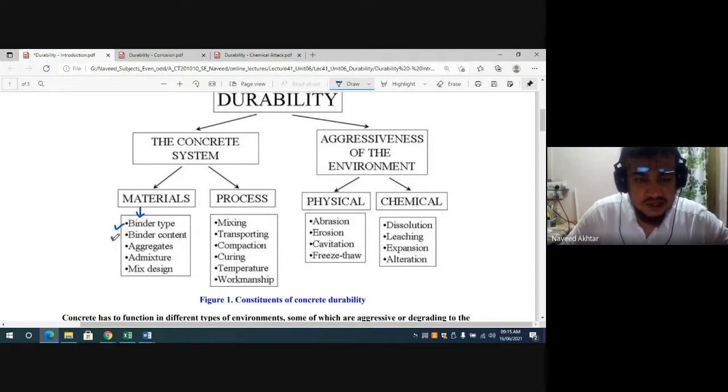The binder means the paste in the concrete, that is cement, or sometimes cementitious material other than cement, replacing the cement partially or fully with fly ash, slag or GGBFS, silica fume, rice husk ash, or metakaolin.